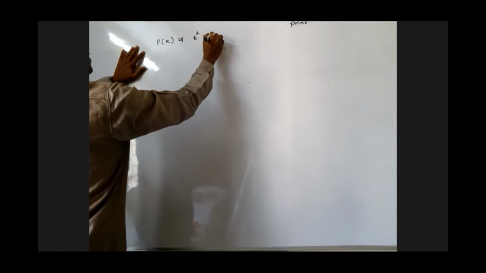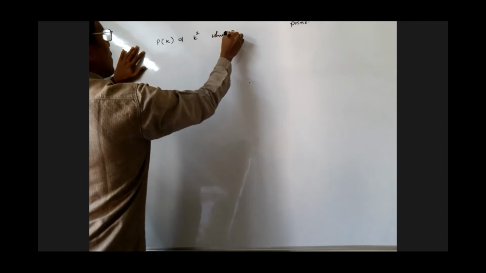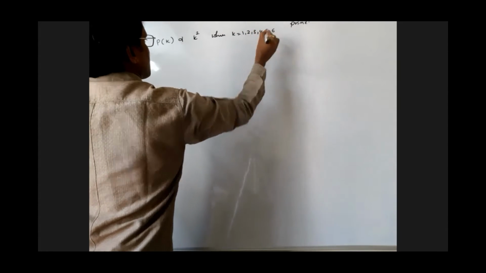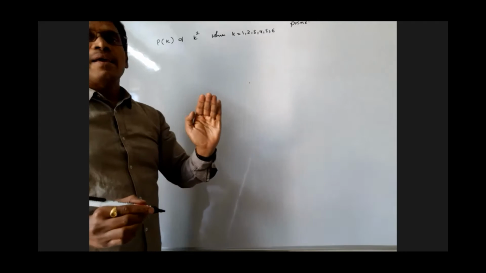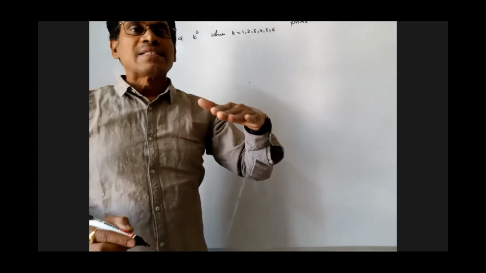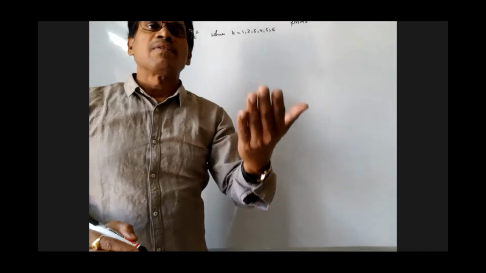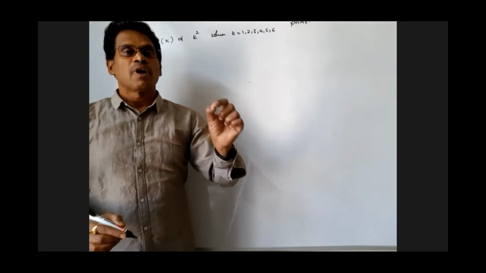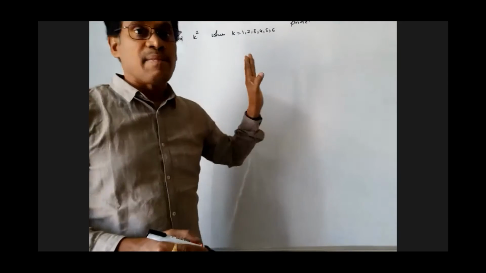The probability of getting a number k is proportional to k square, where k takes the values 1, 2, 3, 4, 5, 6, because k is the number turning up on the face of the die.